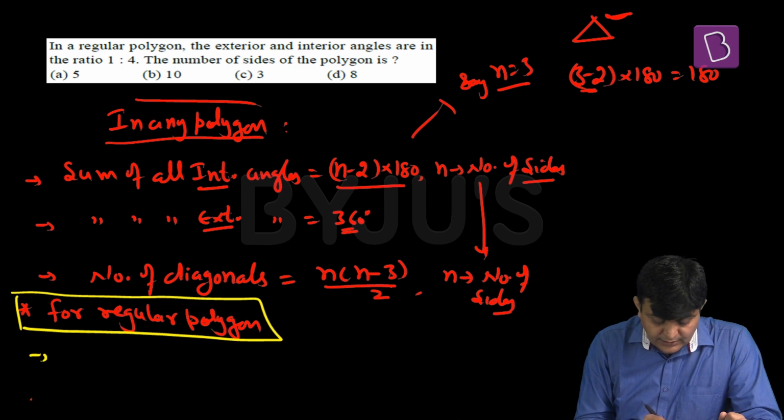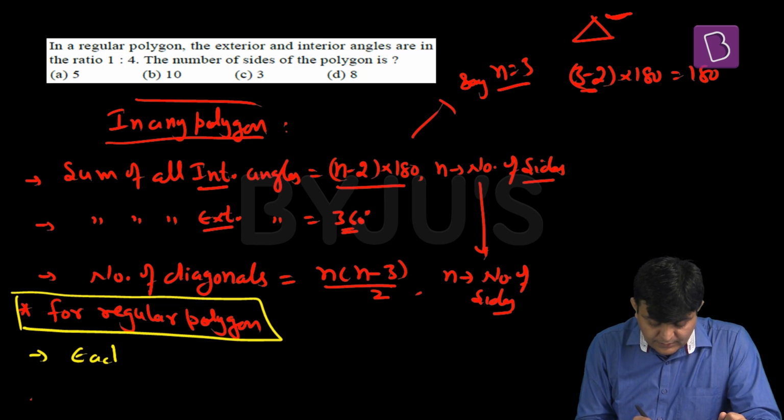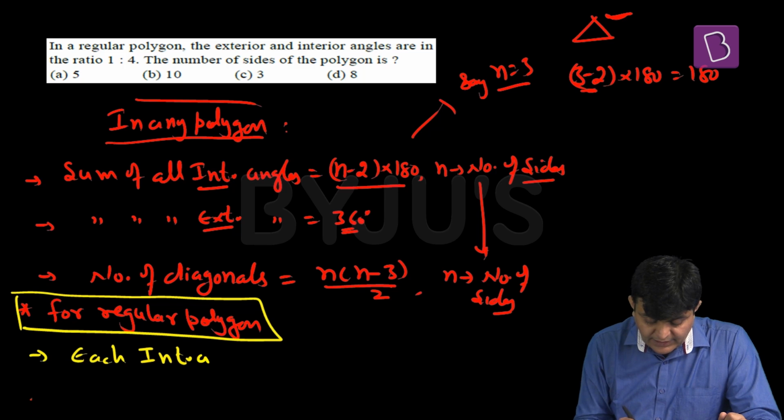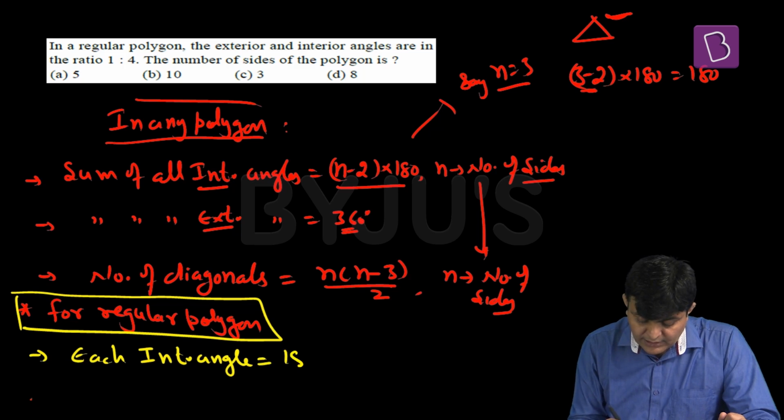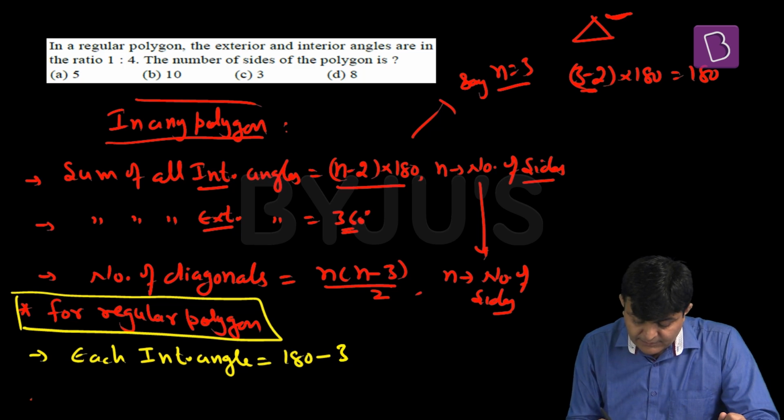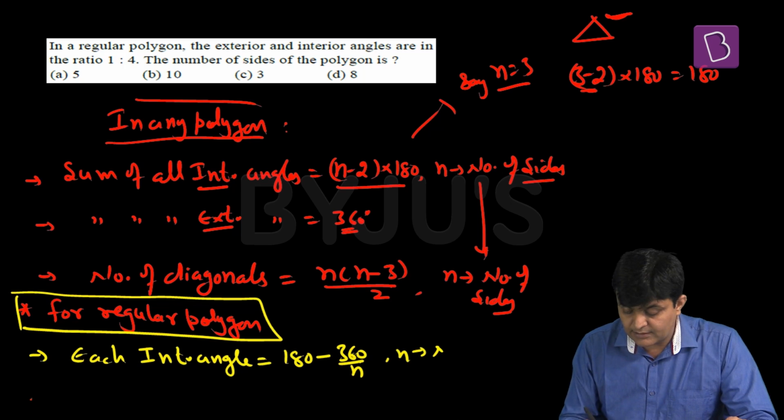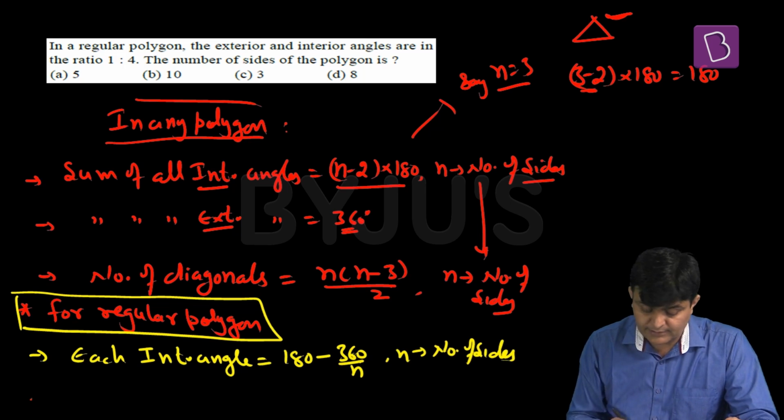So for a regular polygon, each internal angle is equal to 180 minus 360 by n. n is the number of sides.